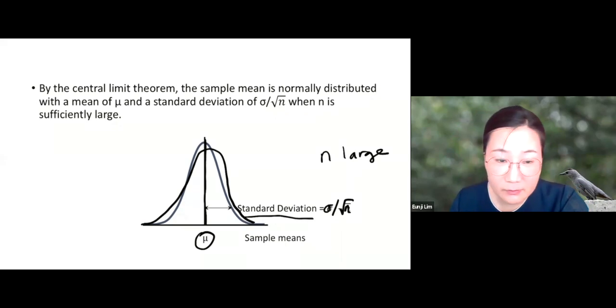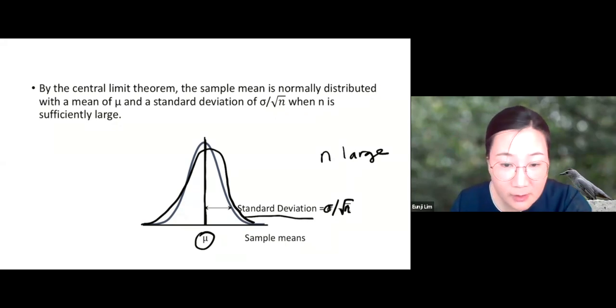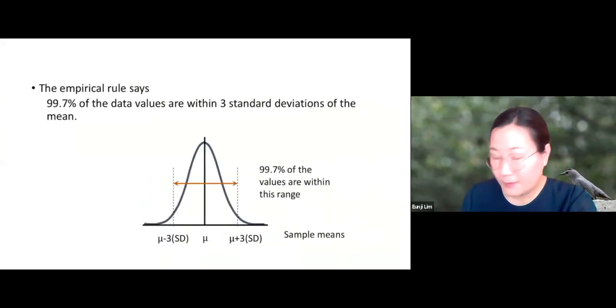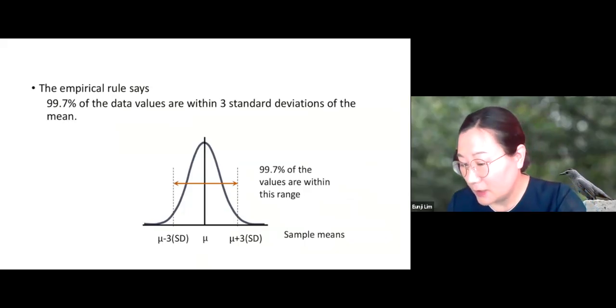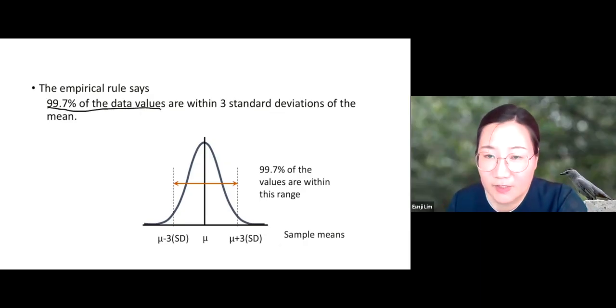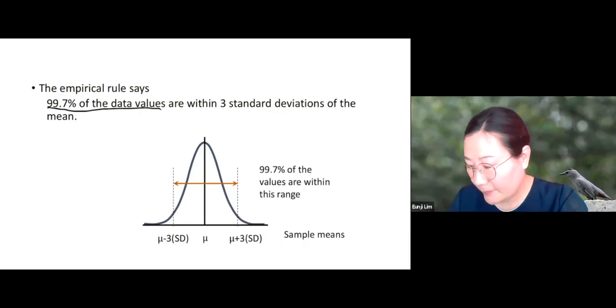Okay, that's the central limit theorem. And we can use another theorem in statistics. It says 99.7% of the data values are within 3 standard deviations of the mean.